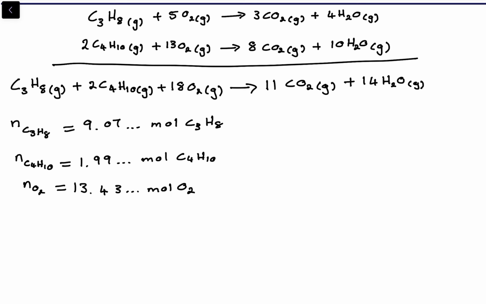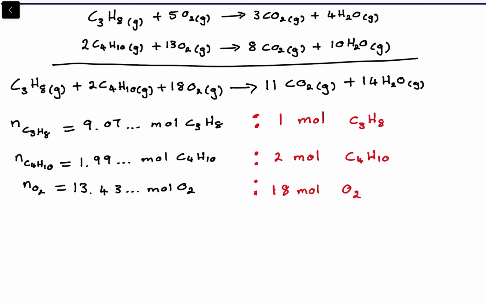Okay. And now you can go through your process, you check which one is limiting, but I think by just eyeballing it, we know from our chemical equation, ratio-wise, that 1 mole of C3H8 will react with 2 mole C4H10 will react with 18 mole of O2. Ideally, that's what the chemical equation tells us.